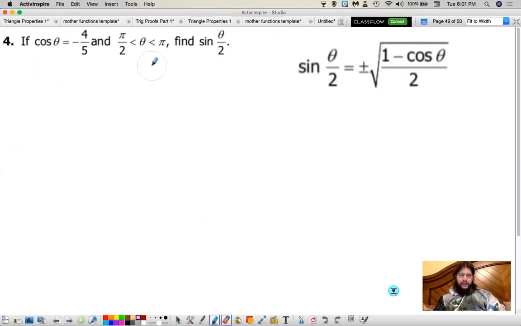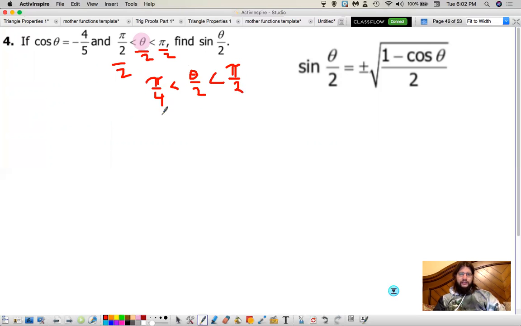So let's see. Theta is somewhere between pi over 2 and pi. Half of theta, that means take half of everything. What's done to one side, do to all of them. So if I divide everything by 2 here, then pi over 4 is less than half of theta, which is less than pi over 2.